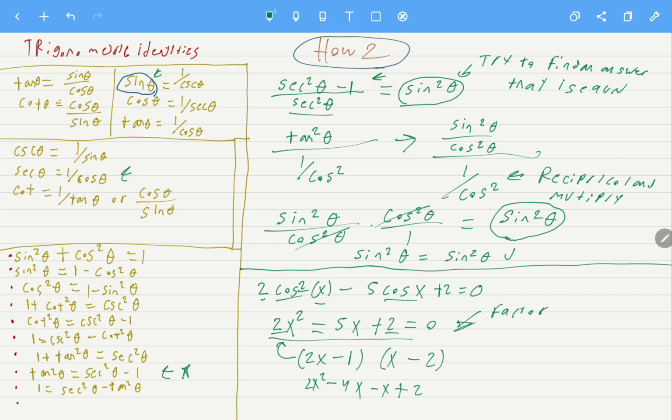So when that goes, this turns into 2x squared minus 5x plus 2. Okay, that checks out.